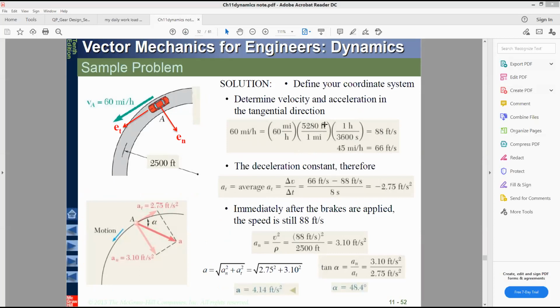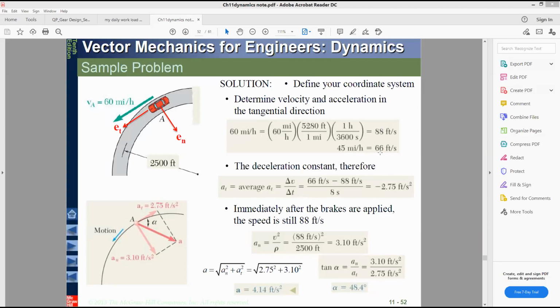So 5280 feet, divided by hour to second, 3600. So you will get that 60 mile per hour is equivalent to 88 feet per second. And when it decelerates, that is 45 mile per hour, so you will get 45 into 5280 divided by 3600, which is nothing but 66 feet per second.